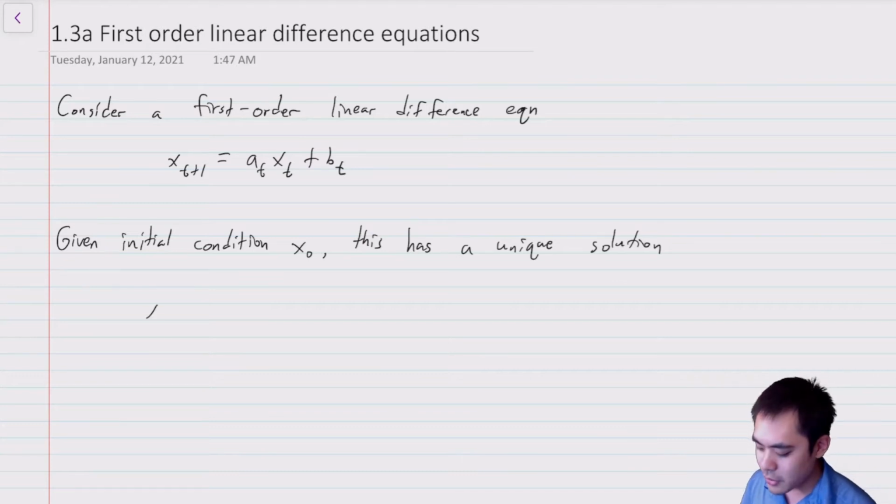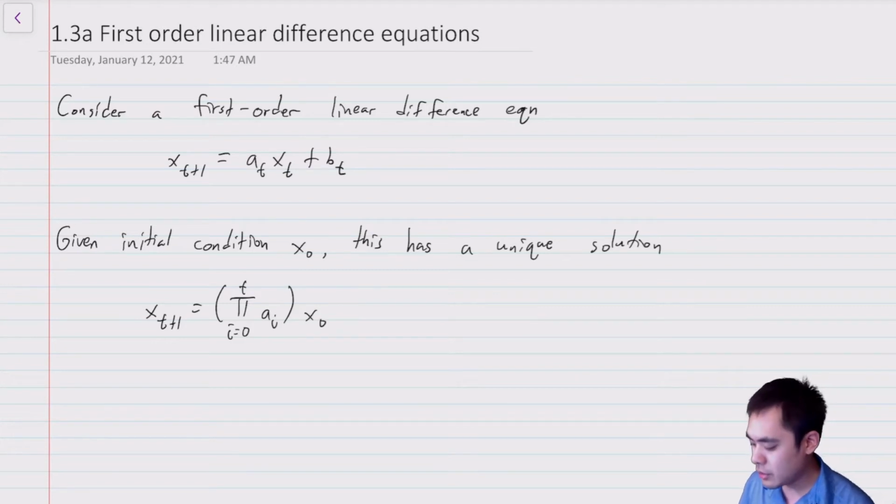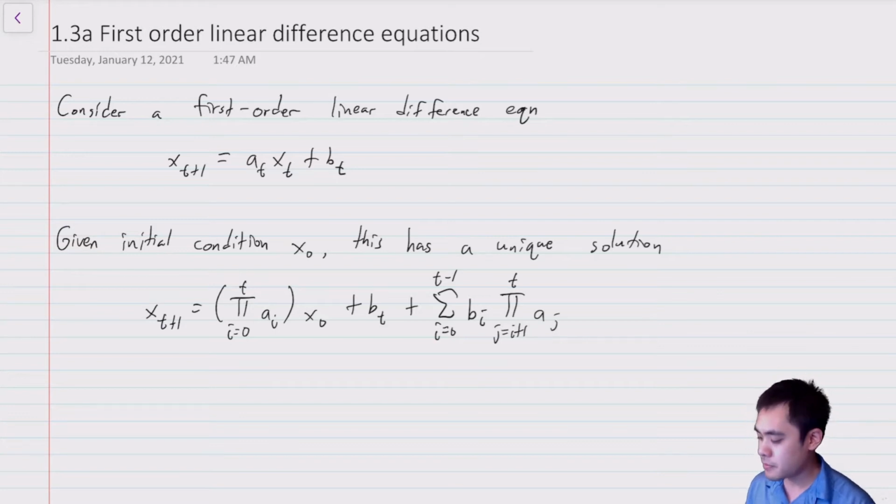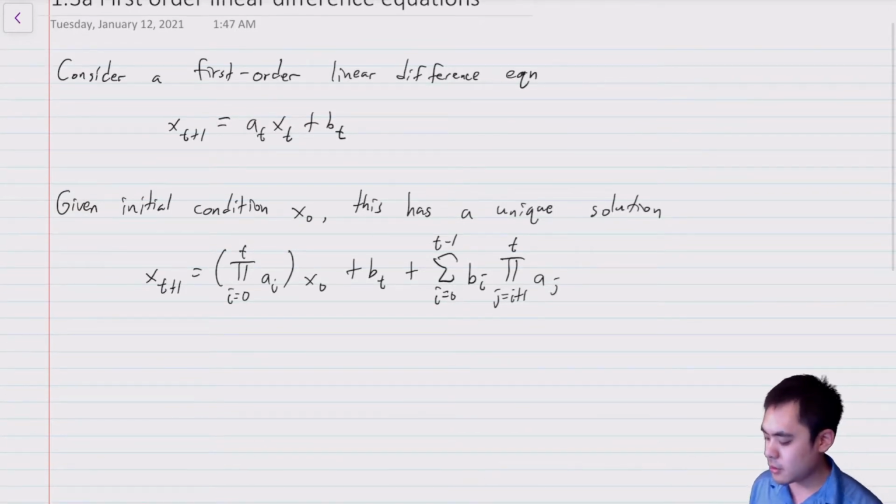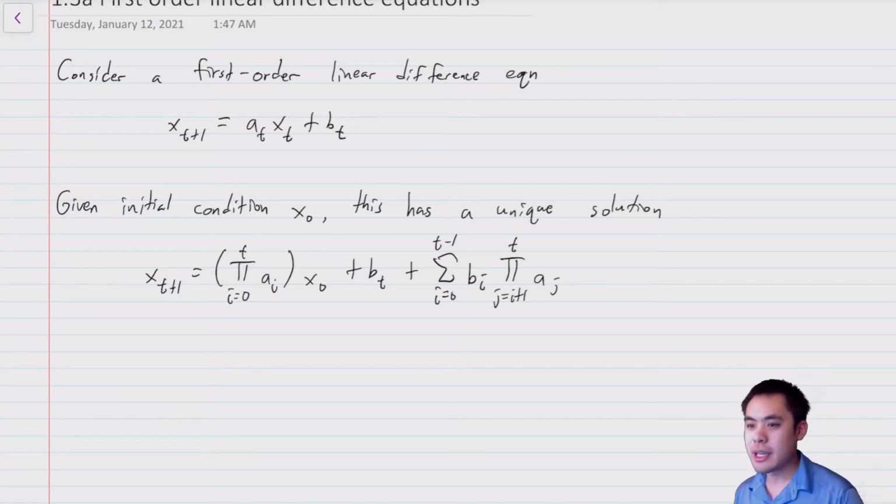If you do that, you'll find that x sub t plus 1 is equal to the product over i equals 0 to t of our a sub i's times x naught, our initial condition, plus b sub t plus the sum from i equals 0 to t minus 1 of b sub i times the product for j from i plus 1 to t of a sub j. Now this is a little bit ugly, but it does give us an explicit formula for computing the x sub t plus 1 given the previous entries, x sub t.